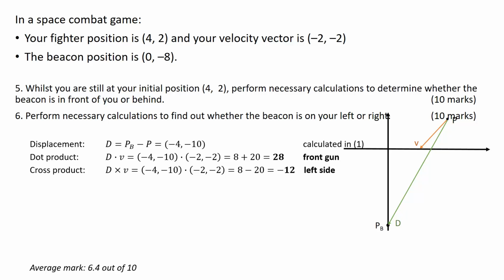They must have been the displacement, a vector connecting the fighter and the beacon, that's one vector, and the second vector should have been any of the motion vectors, particularly a velocity vector, but it could have also been a normalized motion vector. If you have taken anything else, such as coordinates of the fighter or coordinates of the beacon, it would very significantly reduce your marks for this question.